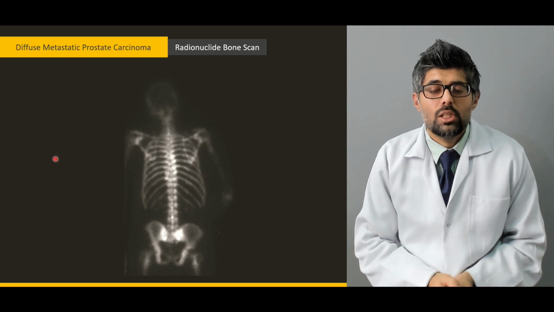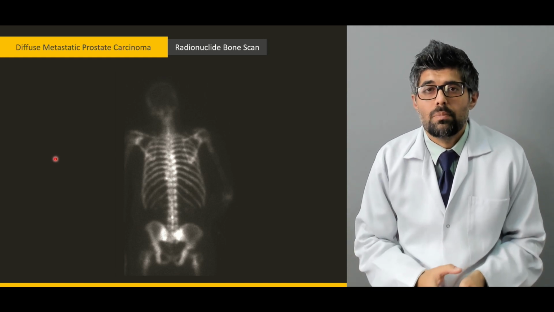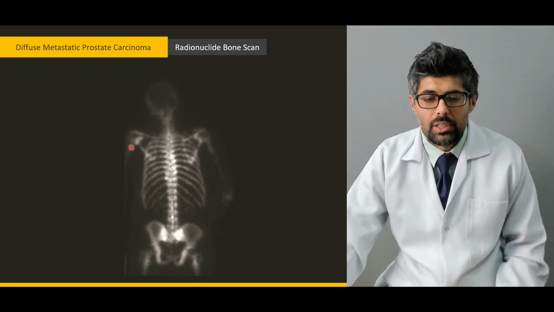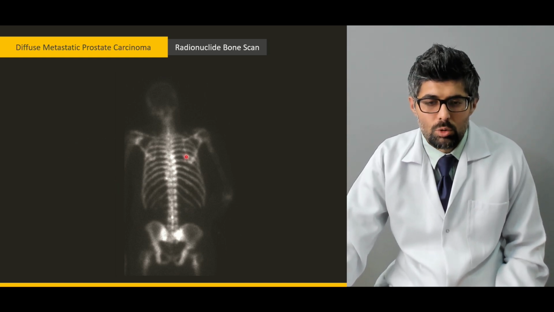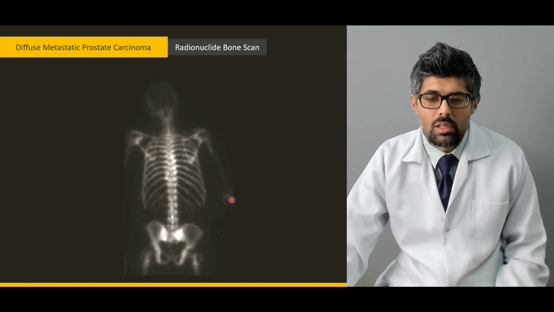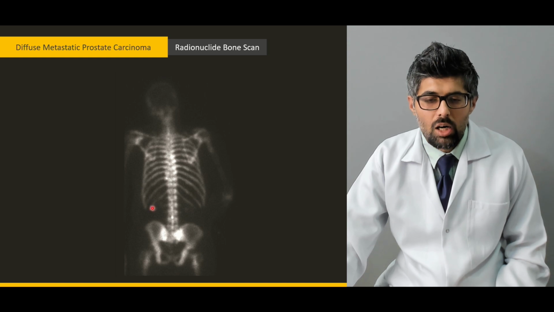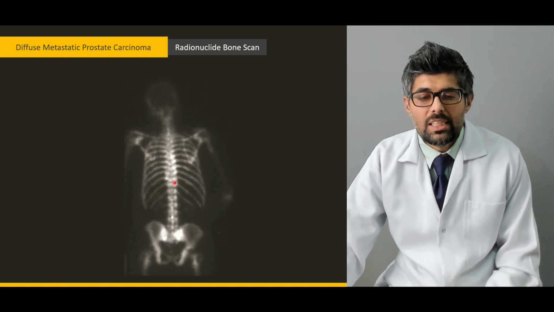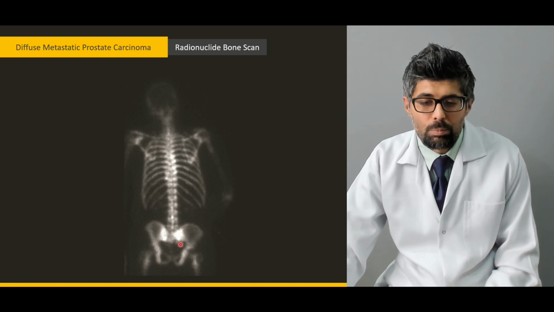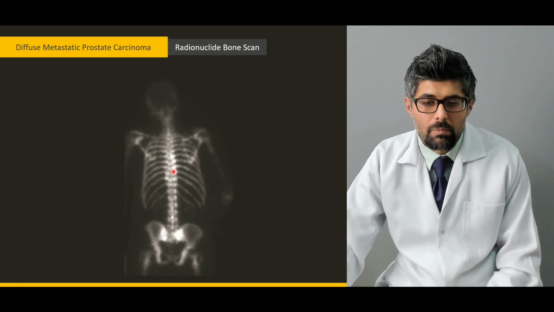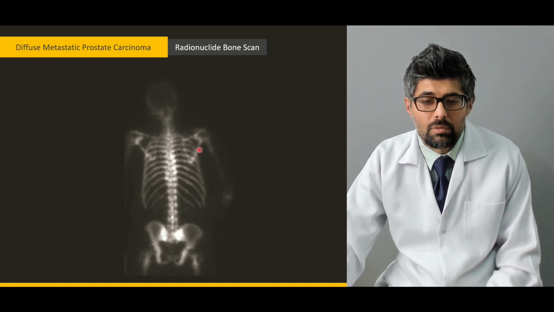Our next radionuclide image is of the diffuse one. Now, to the untrained eye, it might look normal because there are no particular focal points and all of the bones are visible. But for the trained eye, one can easily see that all of the bones, especially the dense parts, are highly active.